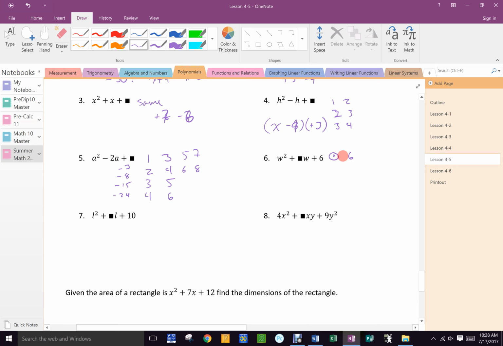What are they? 2 and 3, or 1 and 6, or negative 2 and negative 3, or negative 1 and negative 6. So this can either be 5, negative 5, 7, or negative 7. All 4 of those are acceptable answers.